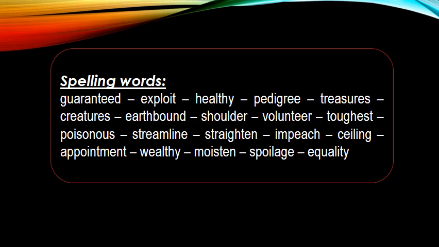These are the words with vowel team syllables. They are included in your book. I'm going to read them first to help you figure out where is the vowel team, and then I'm going to explain the meaning of these words. First word is guaranteed. You might say that here the vowel team syllable is ee.